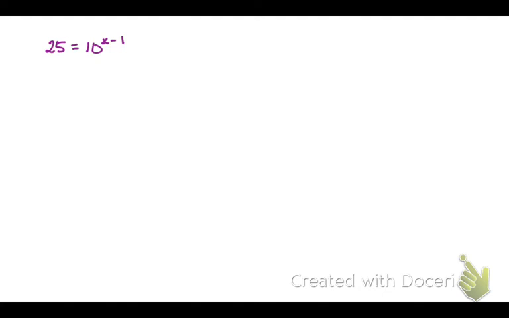Now, I can't get to that x minus 1, can I? So in order to get to that exponent, I have to change it from exponential to what form? Logarithmic. What's my base going to be? 10. So am I going to write 10? No. So it's log of 25 equals x minus 1.